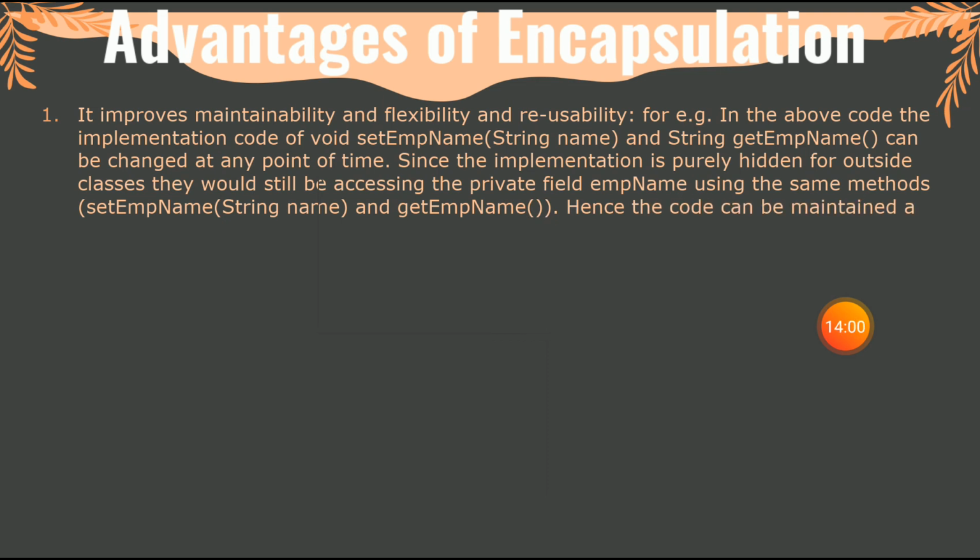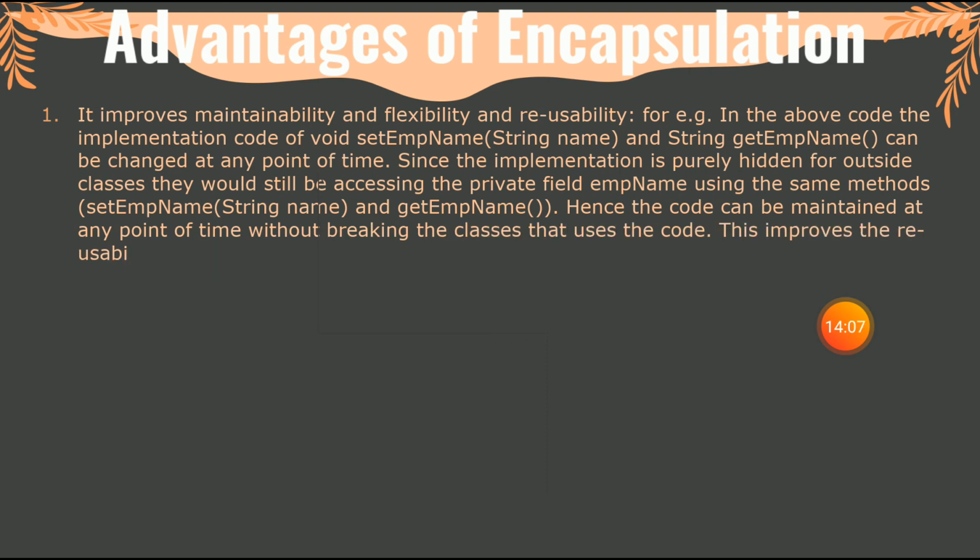Hence the code can be maintained at any point of time without breaking the classes that use the code. This improves the reusability of the underlying class. So that's why we can reuse those methods whenever we need.